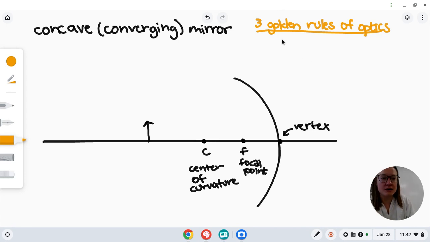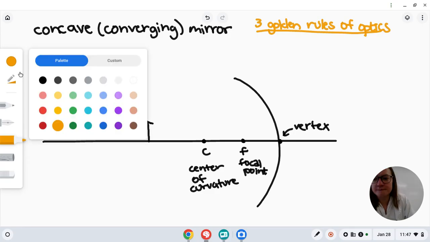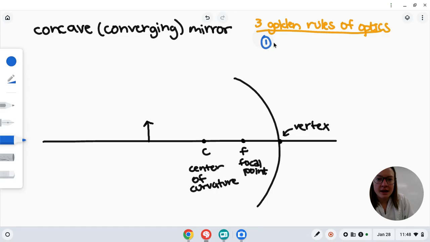Here are the 3 golden rules. Let's start with the first one. The first golden rule is that a light ray that goes through the center of curvature will reflect back on itself.